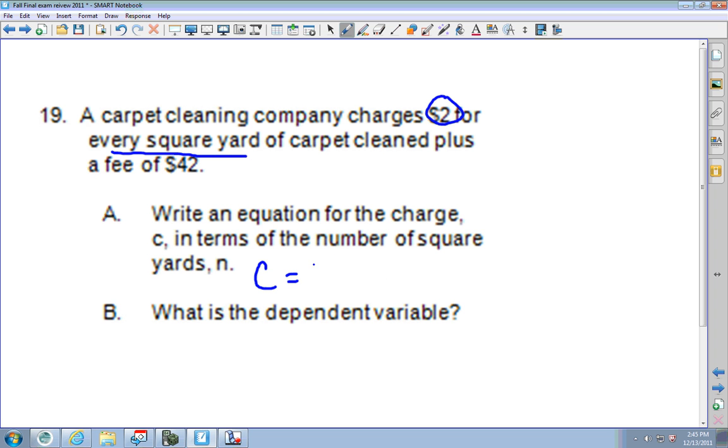So I'm going to write 2N plus, it's going to be a one-time fee of $42. So there's my equation. My dependent variable is the same as the y. Well, if I rewrote this and had this, the y would go here and the x would go here. So I know the dependent variable is the total charge.